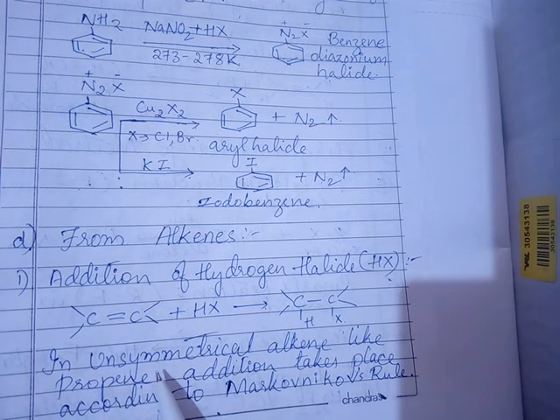When we are taking an unsymmetrical alkene, for example propene, the addition is going to take place according to Markovnikov's rule, which you have studied in PUC first year. So now let us take a look at this reaction.